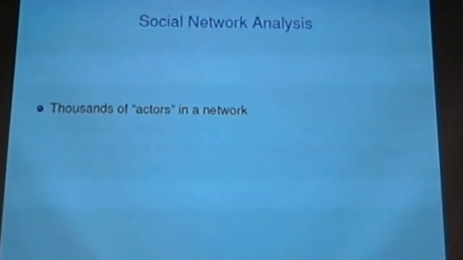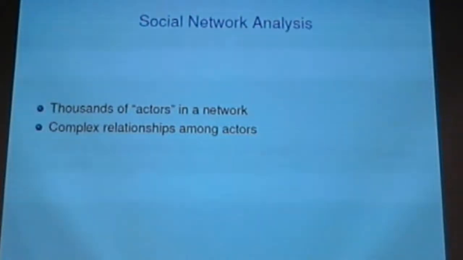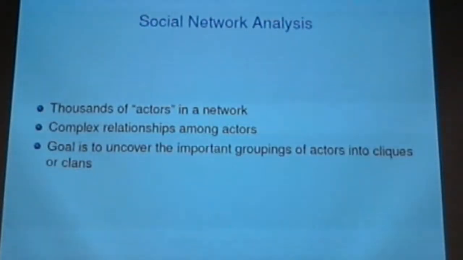In social network analysis, you have thousands of participants or actors in a network. And there are complex relationships among individuals, among these actors. And the goal is to uncover important groupings of actors into cliques or clans. So, because the groupings are unknown, right?